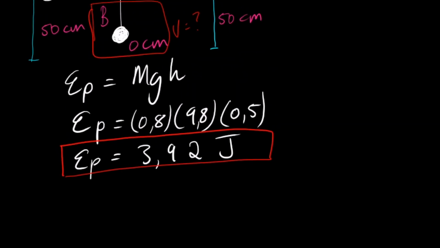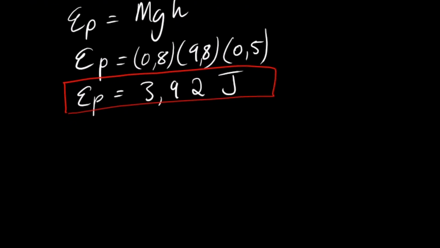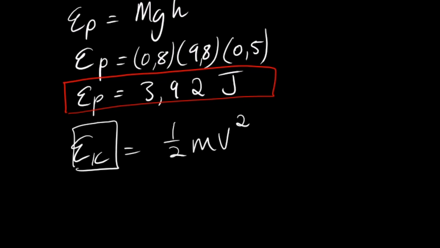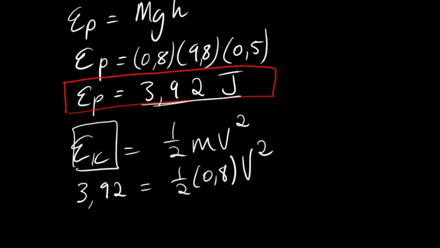So at point B, we do have the energy. What is the magnitude of the energy? It's 3.92. So we can use this equation. EK is equal to half mv squared. Our EK, it's this. So we have 3.92. Our mass is 0.8 v squared.